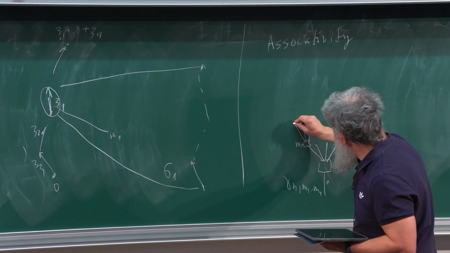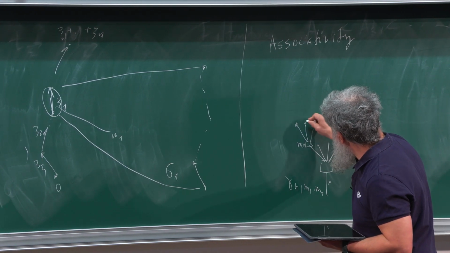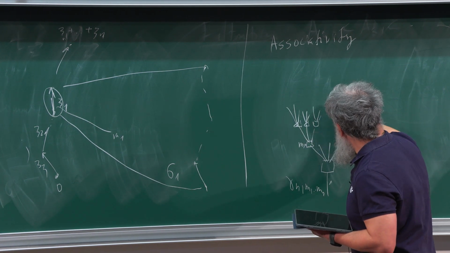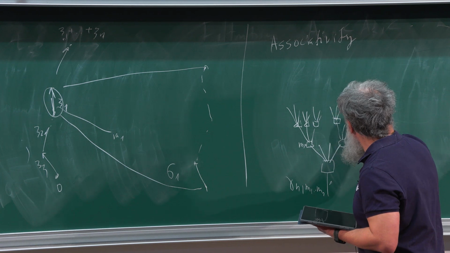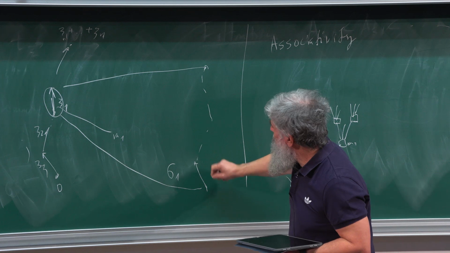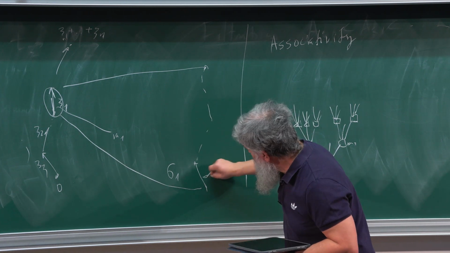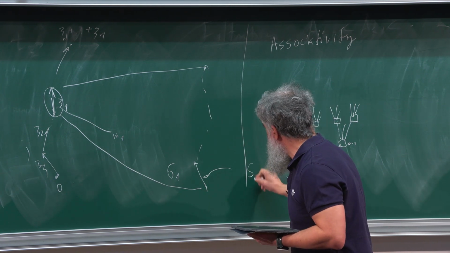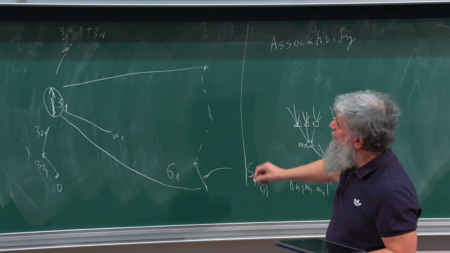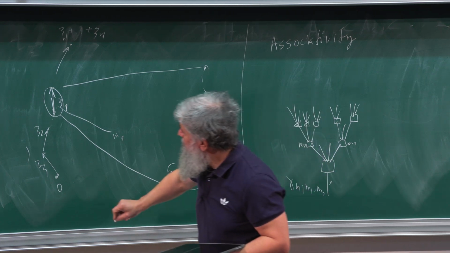But now for each node here, we can continue. In each path here we can also insert its own group S_{k_{ij}}, and then we get a longer path.